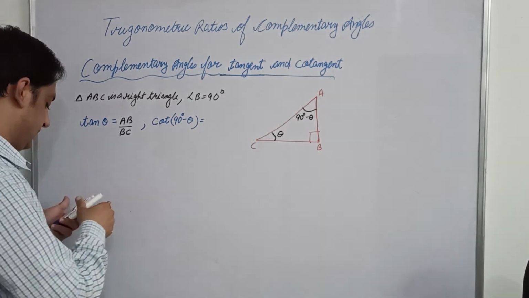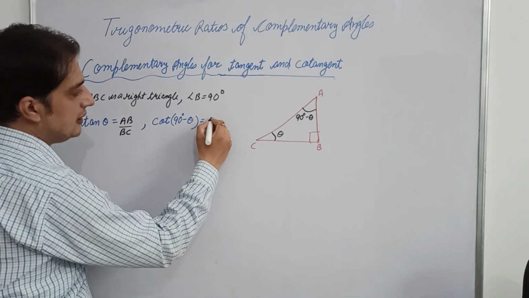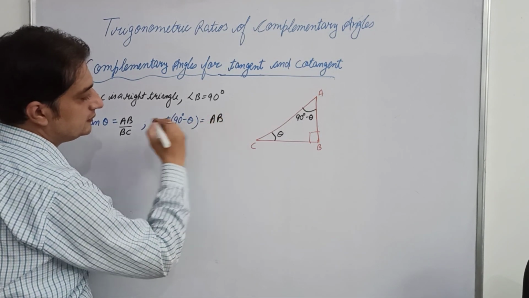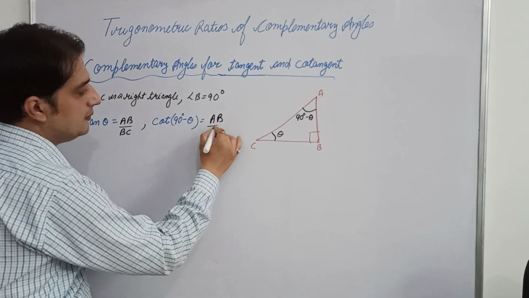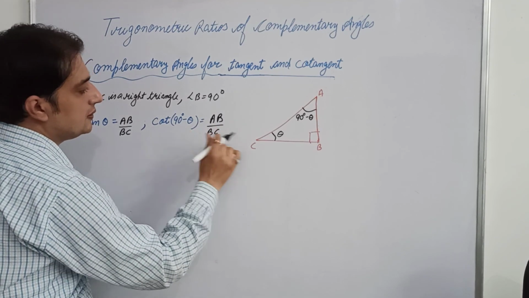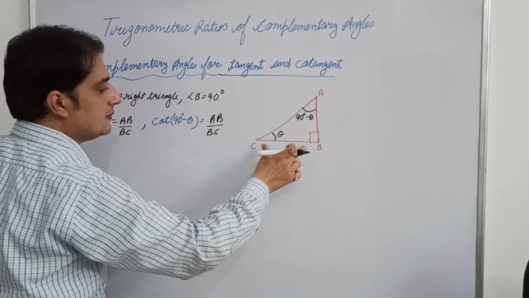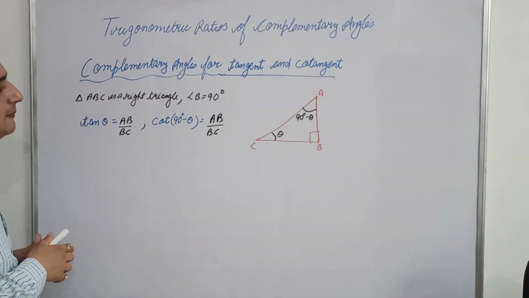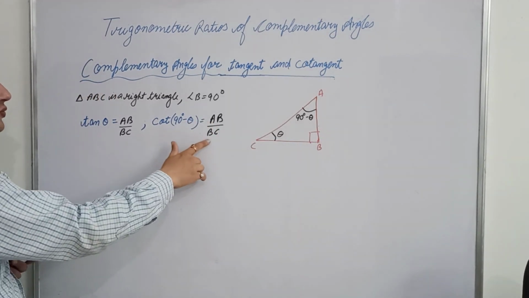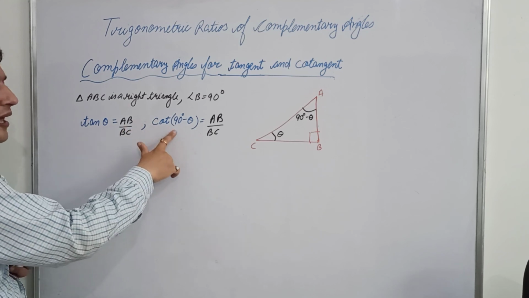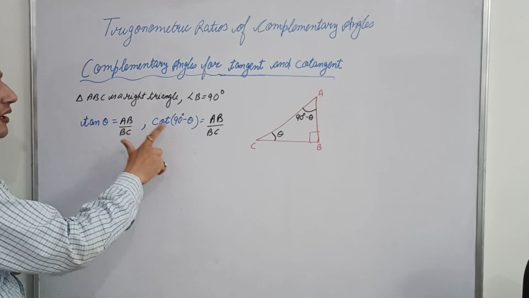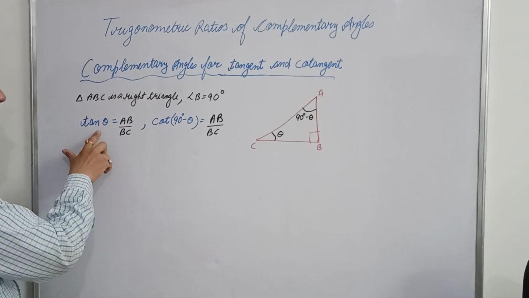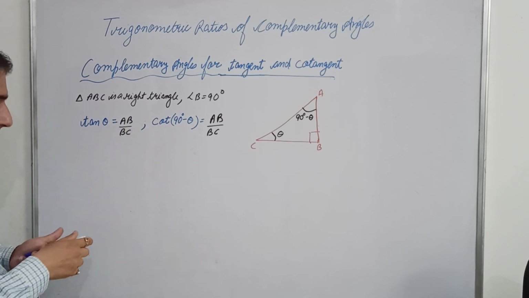For this angle, AB is the base and BC is the perpendicular, so the ratio is base by perpendicular. See, the values of these two T ratios for these two acute angles are the same, because these two angles are complementary.